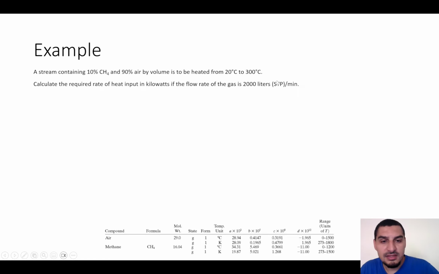STP is the standard temperature and pressure, which is 0 degrees Celsius and 1 atmosphere. So under these conditions I want to calculate the heat input in kilowatts.